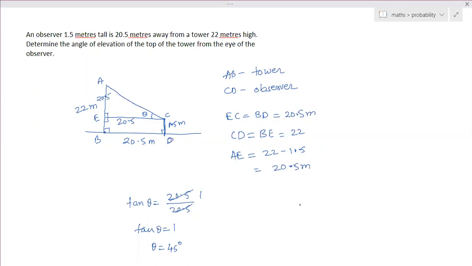In the exam, you have to mention for which part you have considered which values, and explain that figure also, because these questions will be asked for 3 marks. 1.5 marks carry only for the diagram and its explanation: 1 mark for drawing the diagram and half mark for explaining it.